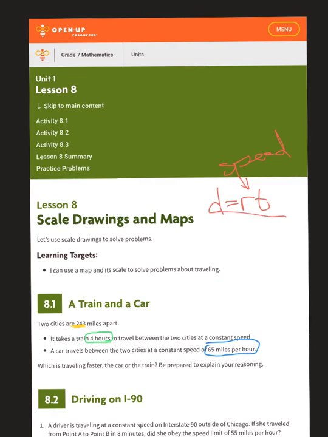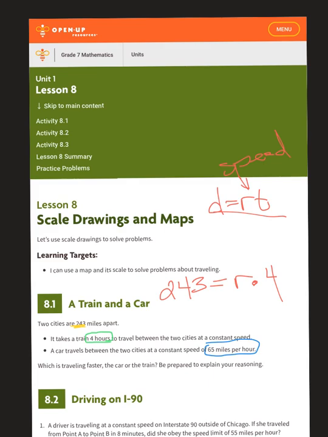So my distance is 243 miles. If I look at the train, it says it takes the train 4 hours. That's my time. So I could go 243 equals R, how fast I'm going, times my time, which is 4 hours. So I know from last year to solve one-step equations, I'm going to do the inverse or the opposite.